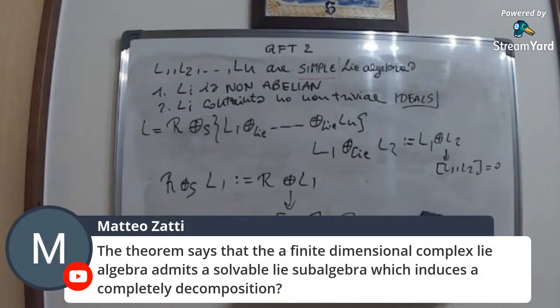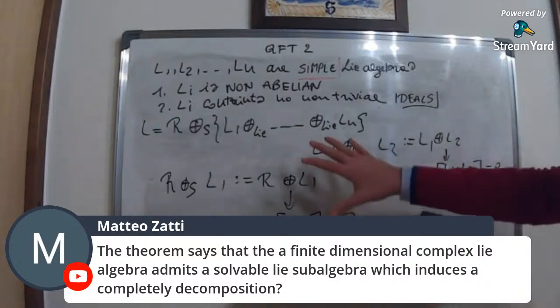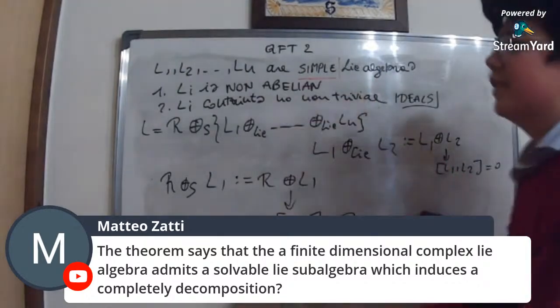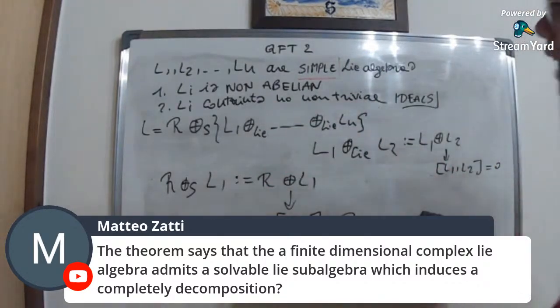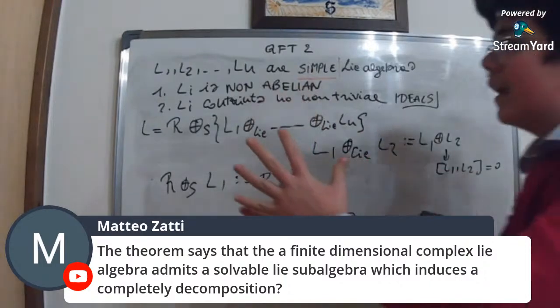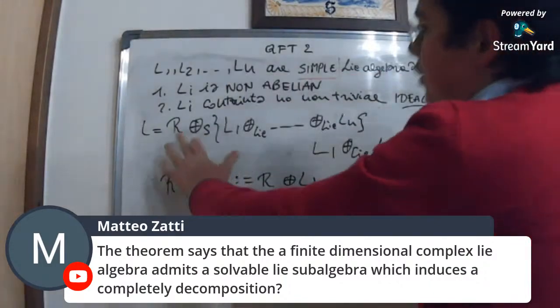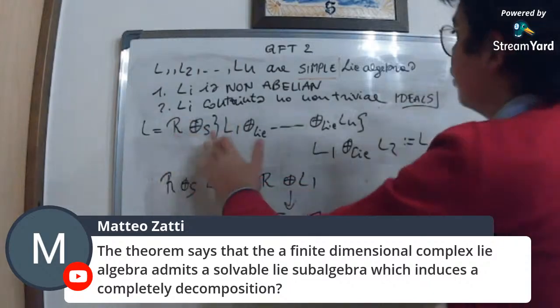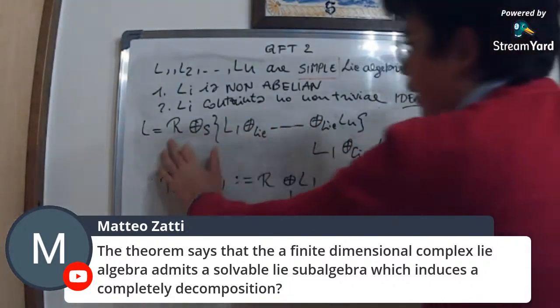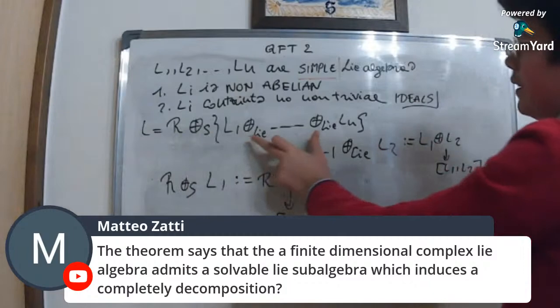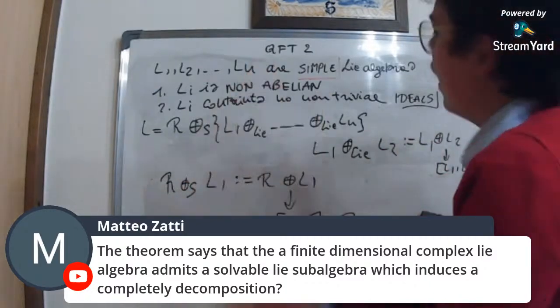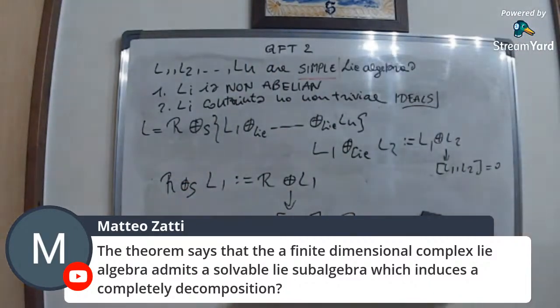Matteo, the theorem says that a finite-dimensional complex Lie algebra admits a solvable Lie subalgebra. In fact, every finite-dimensional complex Lie algebra can be decomposed in a solvable subalgebra R and simple Lie algebras L1, L2, until Ln.